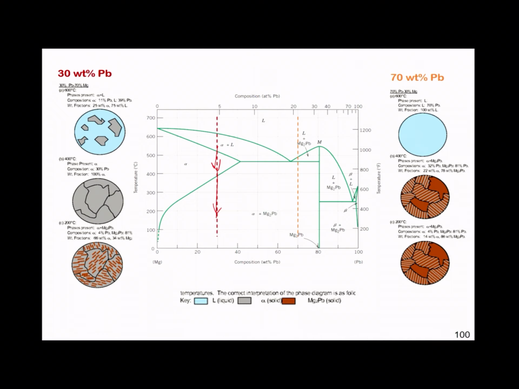And then similarly in the hypereutectic region of 70 weight%, you go from liquid, and then you have the proeutectic magnesium 2 lead, and then you get the stripes. So pretty similar, nothing different. Although the difference is the resolution is quite poor in this particular figure, but that's about it.